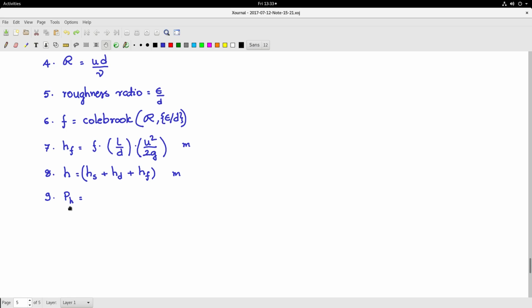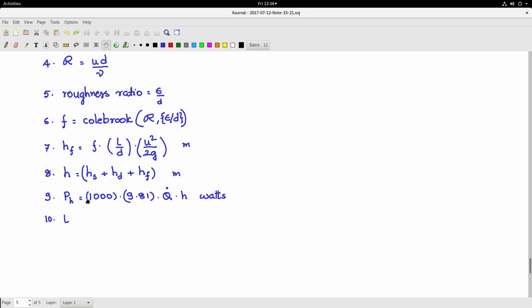What is the power requirement? And this we have found out to be rho Q dot g H. Rho is 1000 kg per meter cube. g is 9.81, into Q dot into H, expressed in watts.